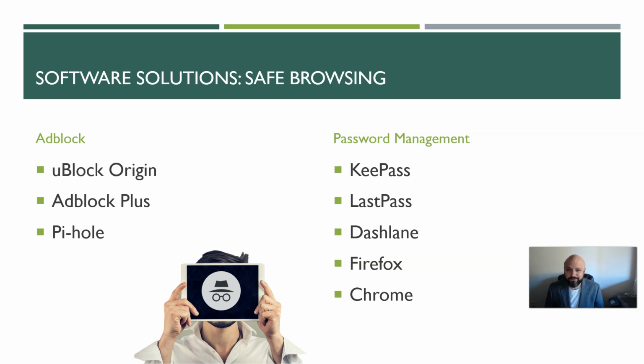It's pretty cool. For password managers, I mentioned Dashlane, but we also have some free ones built into Firefox and Chrome. We also have a couple called KeePass and LastPass. KeePass, LastPass, and Dashlane are all free. They do offer some extended things for, for example, my wife and I sharing an account.